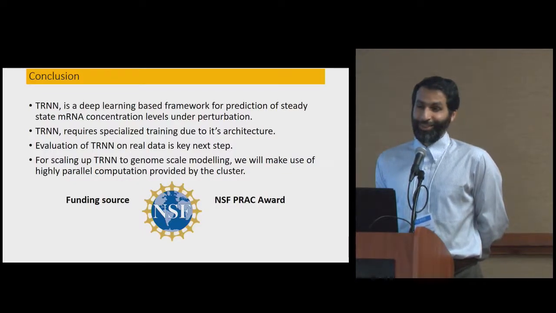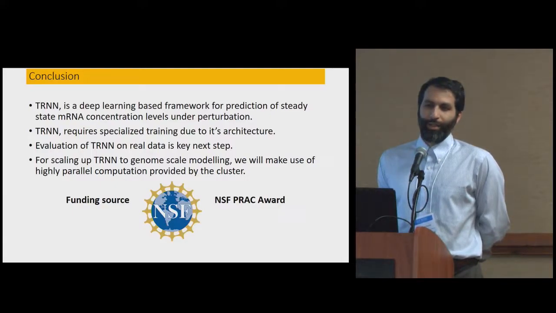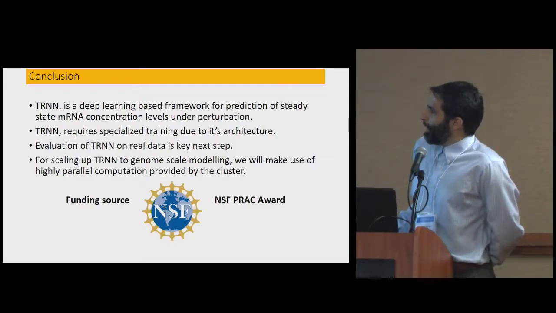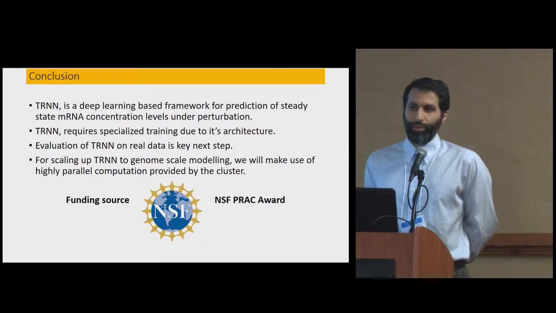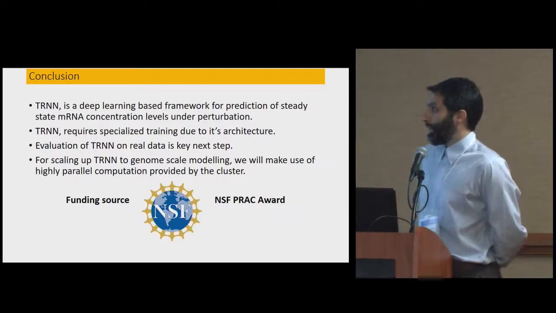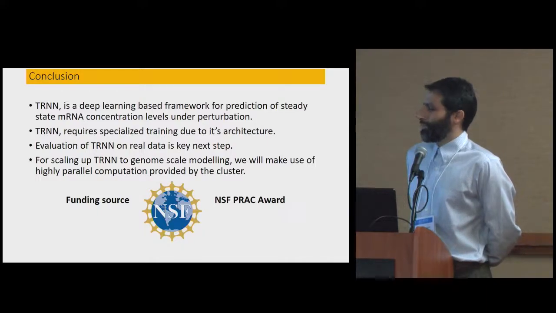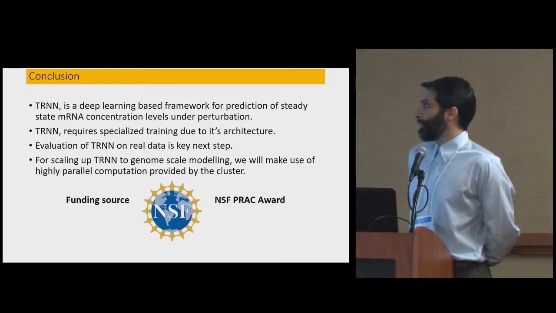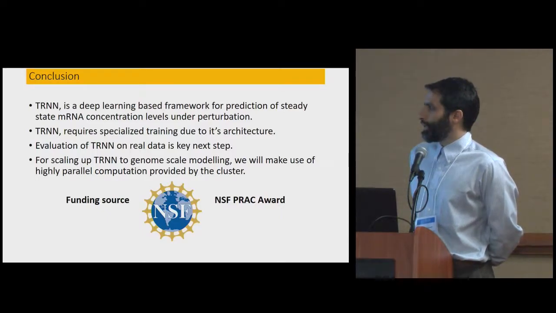I spent a lot of time finding ways to find the parameters, basically. And our next key step is to try to use this on real data and see how it performs. And for scaling up, we're going to use parallel computing provided by Blue Waters in this case.